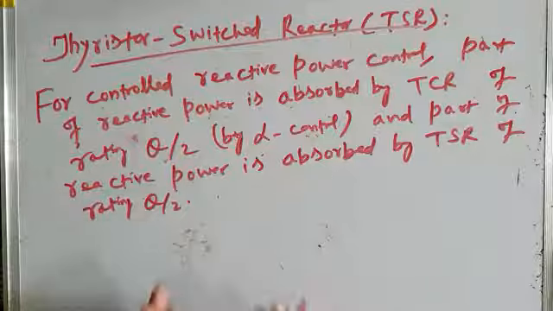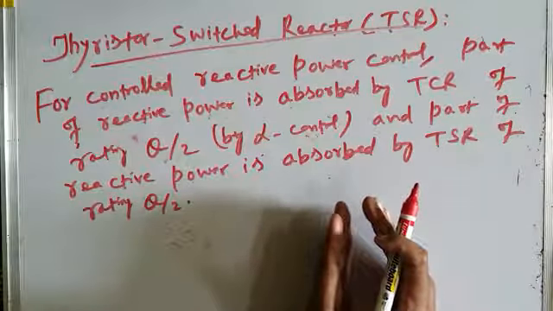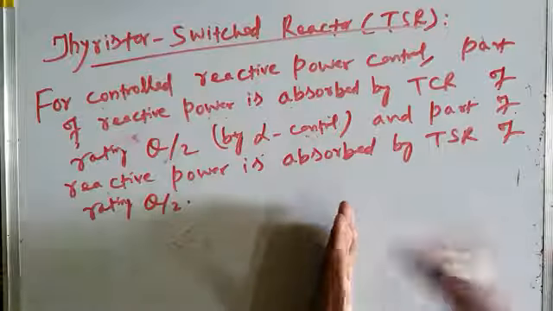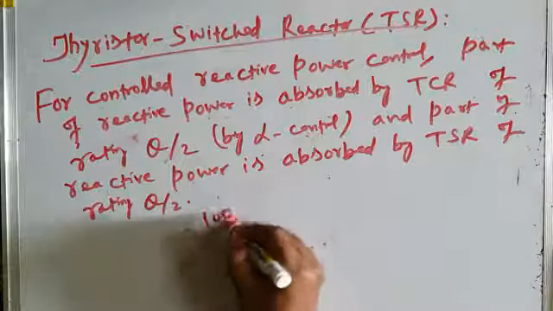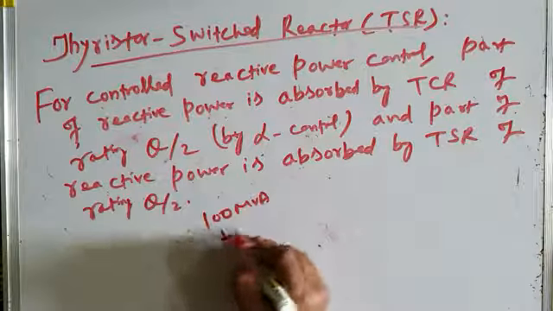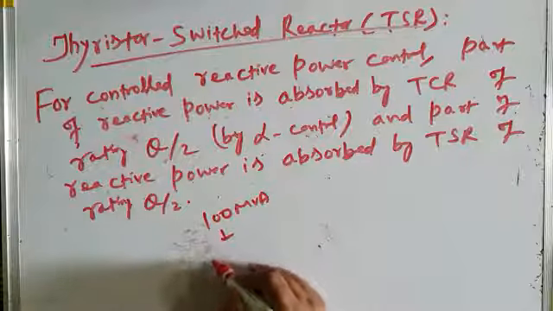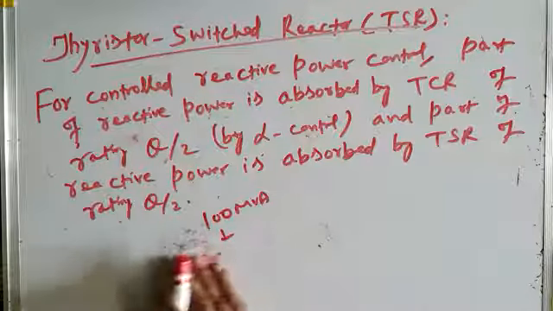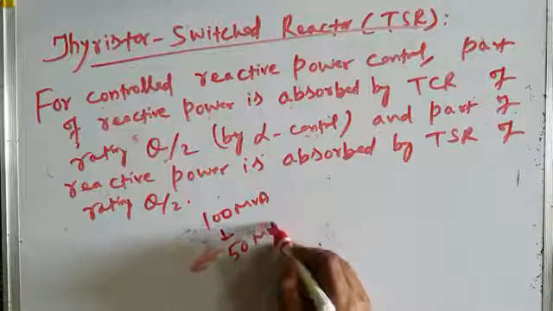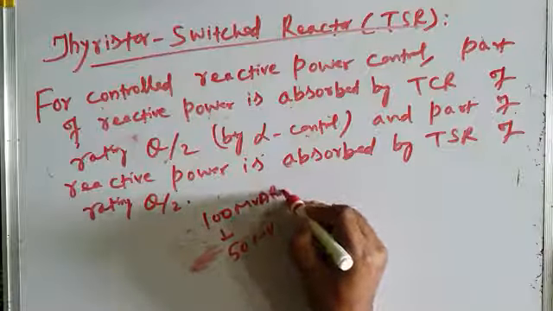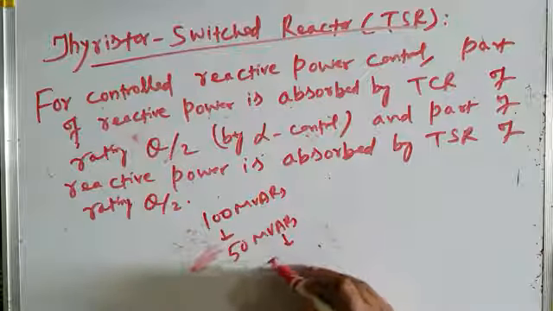So what we do, we use a TCR, and along with TCR in parallel we use TSR, maybe one TSR and many TSRs. Say for example, if reactive power is 100 MVA, it has to be absorbed. Say 50 MVAr of reactive power will be absorbed by TCR.